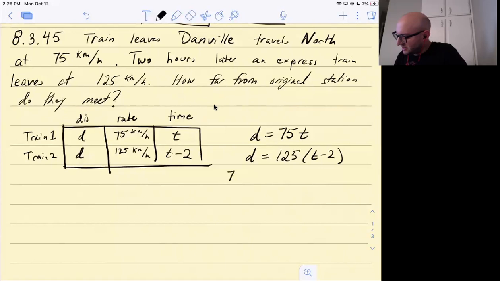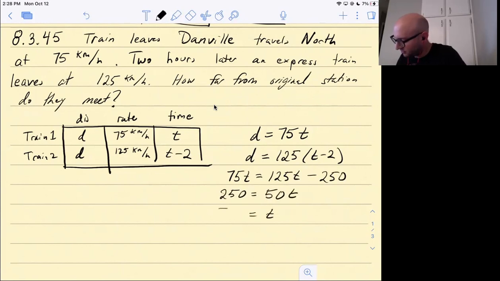We get 75t equals 125t minus 250. Add 250, subtract 75t, you get 250 equals 50t. So we get that t is equal to 5 hours.